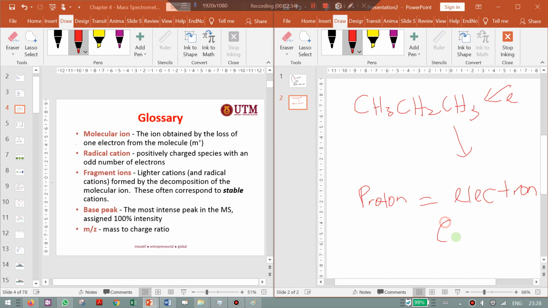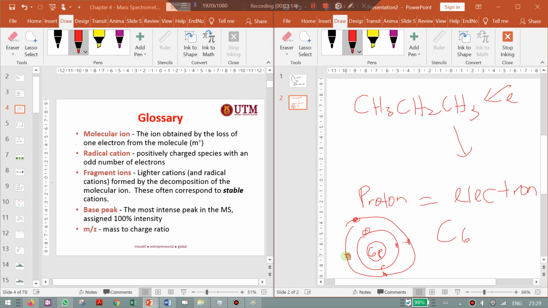Let's say for carbon we have 6 protons inside the nucleus, then the first orbital has 2 electrons, and the valence orbital has the extra 4. My laptop is going crazy, please forgive me. We have 4 valence electrons for carbon.